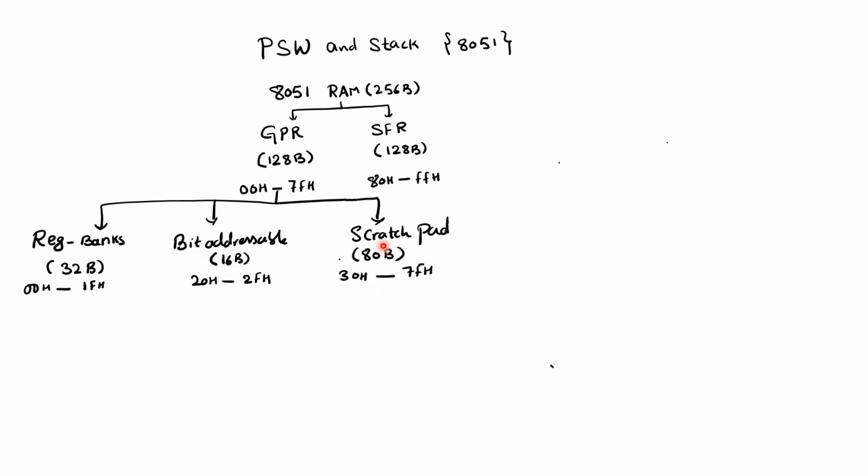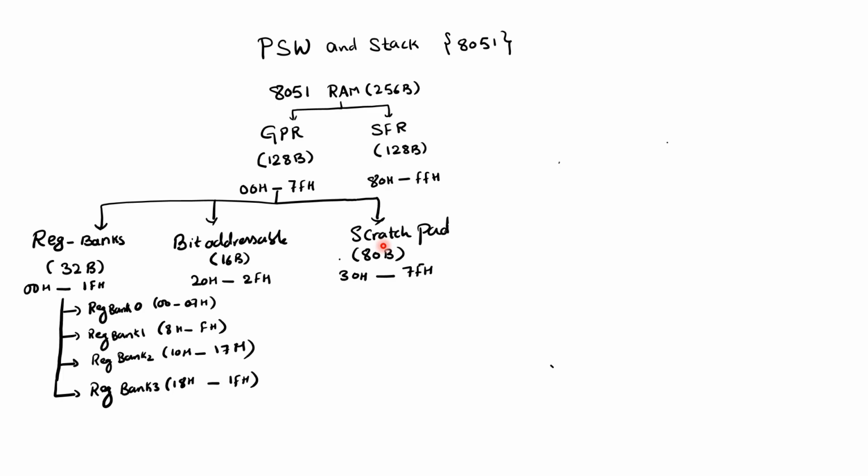Again, the register banks are further partitioned into four register banks, namely register bank 0, register bank 1, register bank 2, and register bank 3.